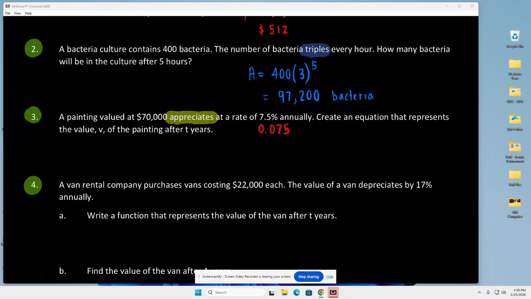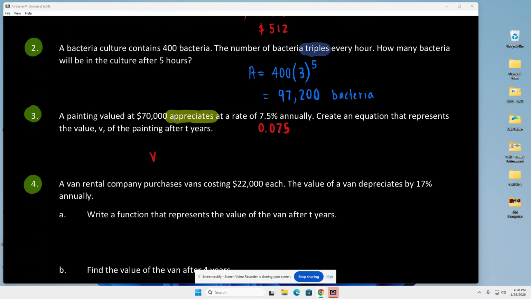So it says create an equation. So we're actually not even solving this. We're writing an equation on what would represent the value V. Okay, so V equals, and then I look at my appreciation formula. That's P, principal, 70,000 times 1 plus, because it is appreciation, 0.075 raised to the T power.